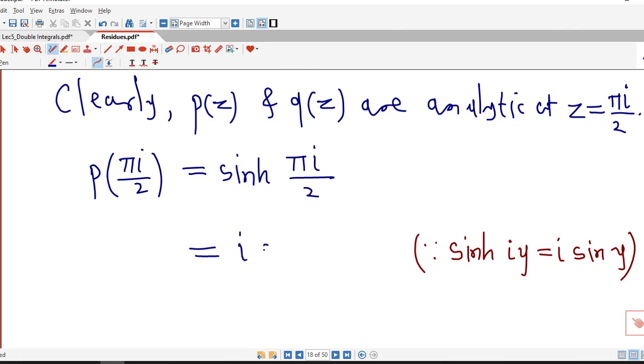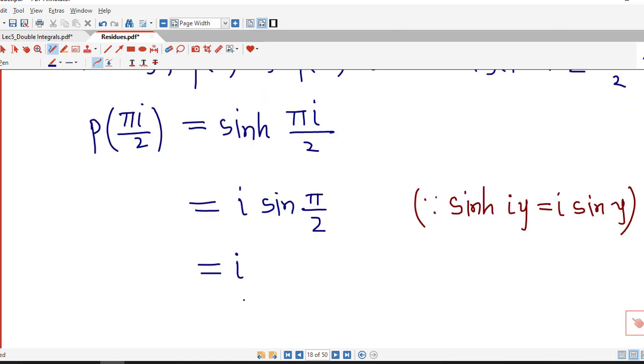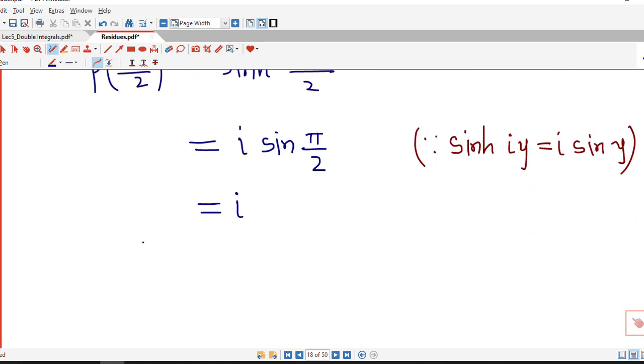So this is equal to I sine pi by 2, and because sine pi by 2 is 1, we have I. So the value of function p at pi I by 2 is I, and it is non-zero. Now we find the value of function q at pi I by 2.